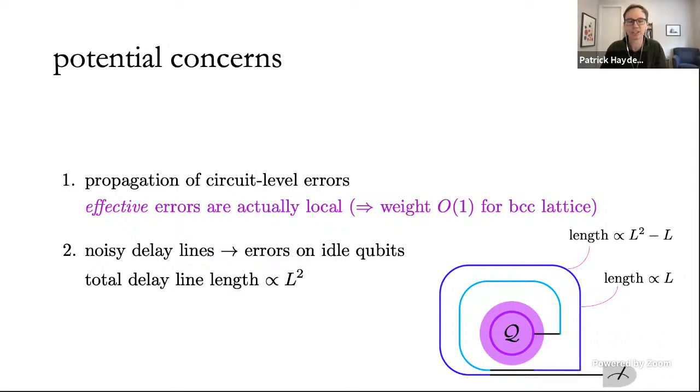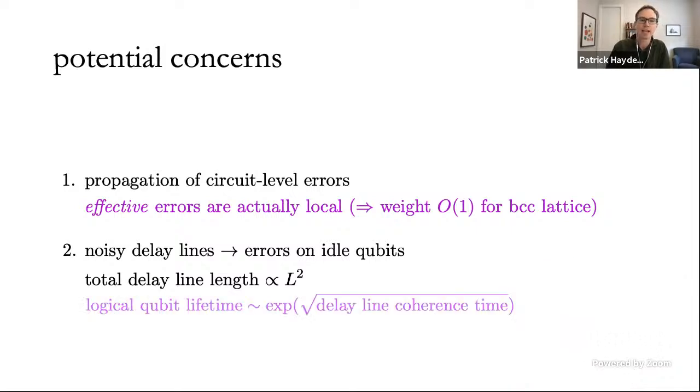At some point, if you make your delay line too long, all of your pulses are going to be lost, and there will be no quantum information to speak of. And so instead of a strict threshold, like I was describing before, what we actually get is that the logical qubit lifetime scales exponentially in the square root of the delay line coherence time.